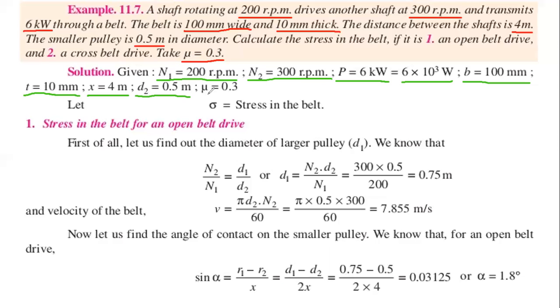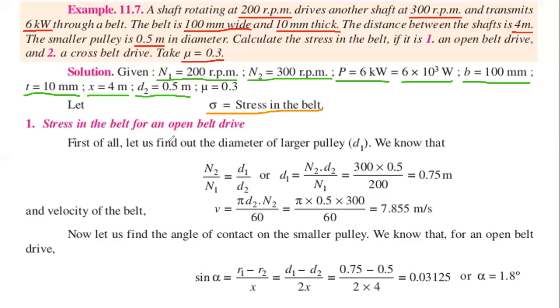Then we have to find the stress. Let sigma be equal to the stress in the belt. So we have to take sigma as that. Then we take first the open belt drive.